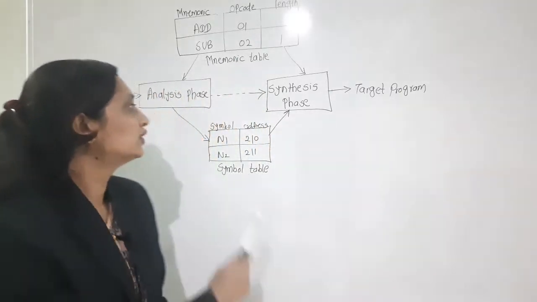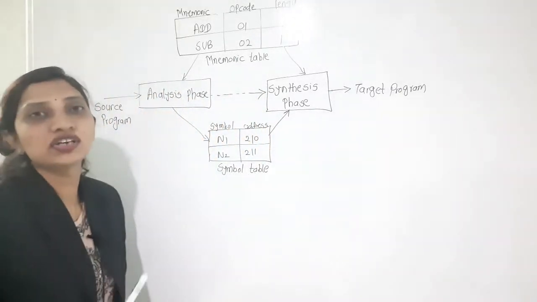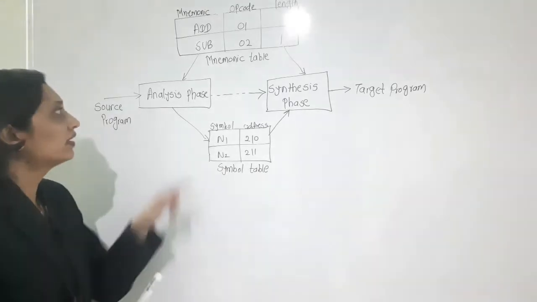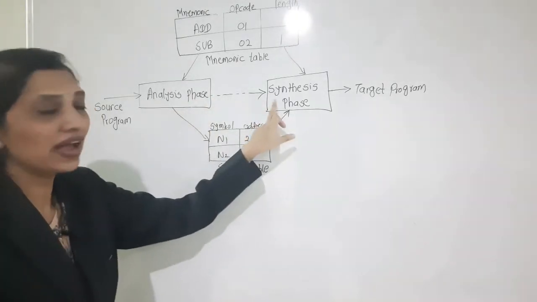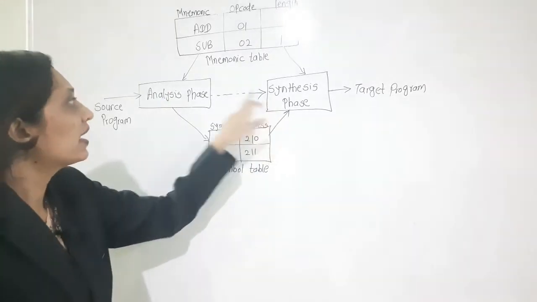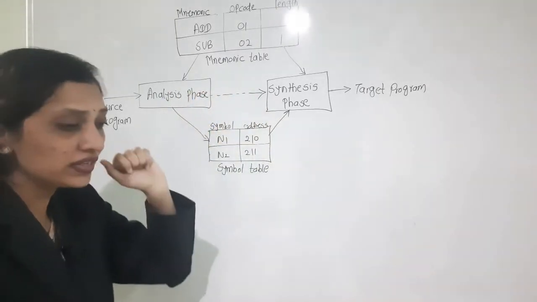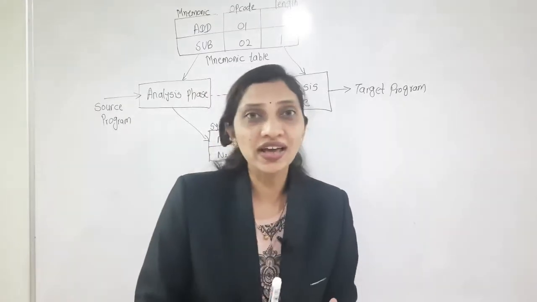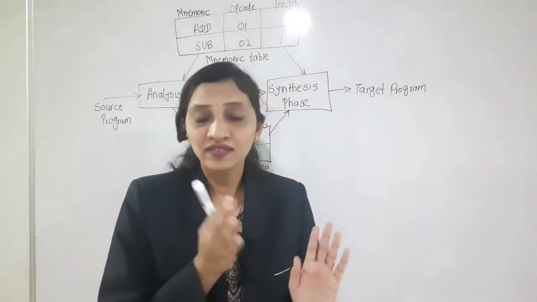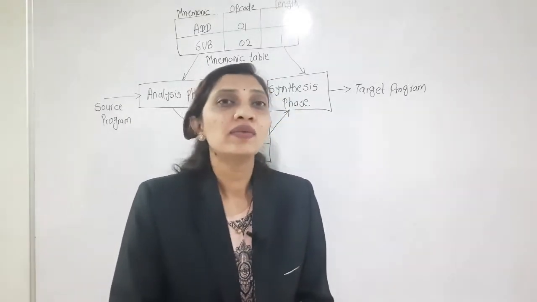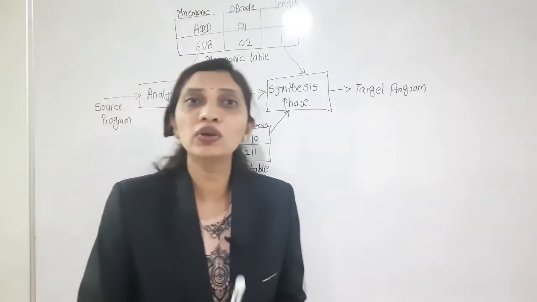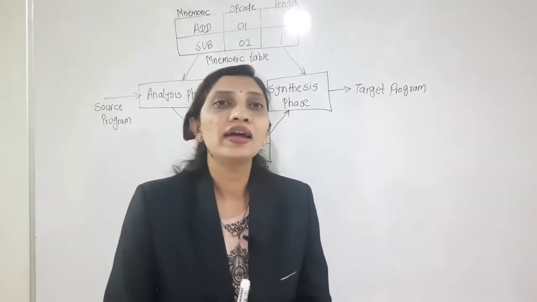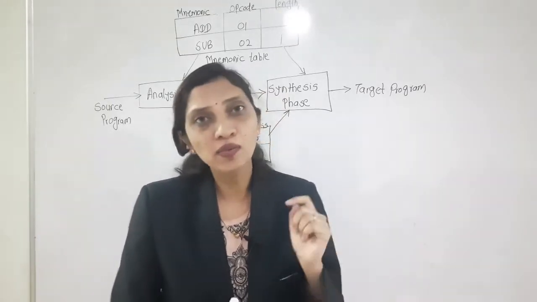This figure shows the data structure of an assembler. There are two phases, the analysis phase followed by the synthesis phase, and during these two phases some information is gathered, like we learned previously. To store that information particular data structures are used, like the mnemonic table and symbol table.